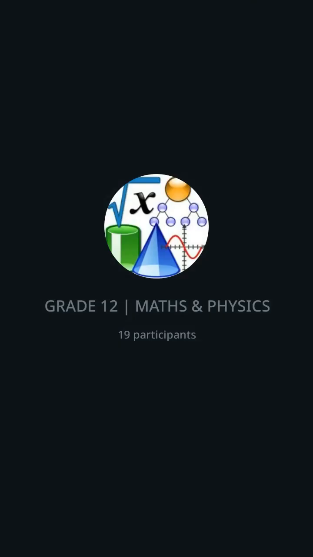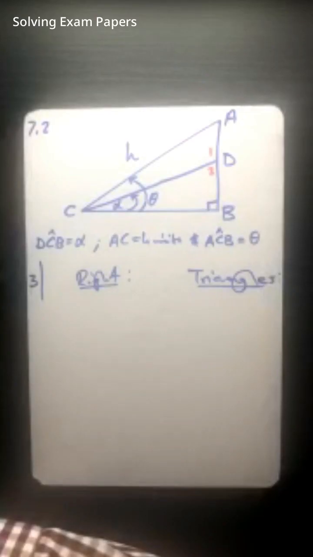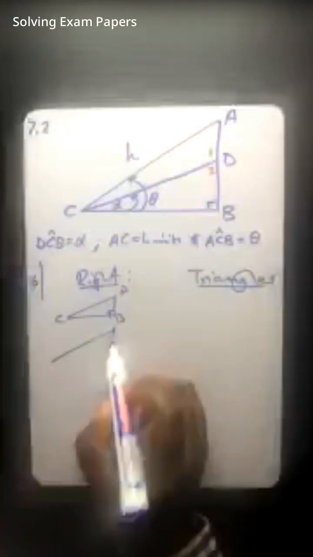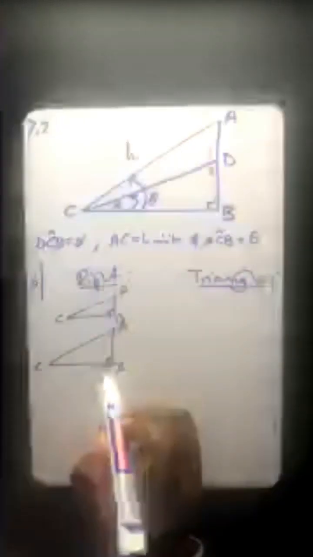Okay, let me explain this one. Yes, 2 right angled triangles, because we have this one of C, D, and B, and then we've got that bigger one being C, and then A at the top, then B. And then we also have this one.